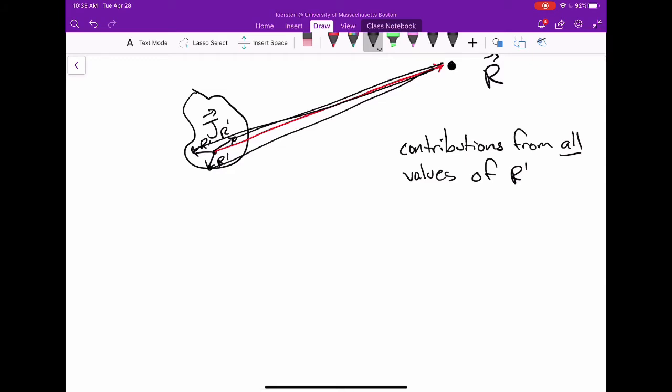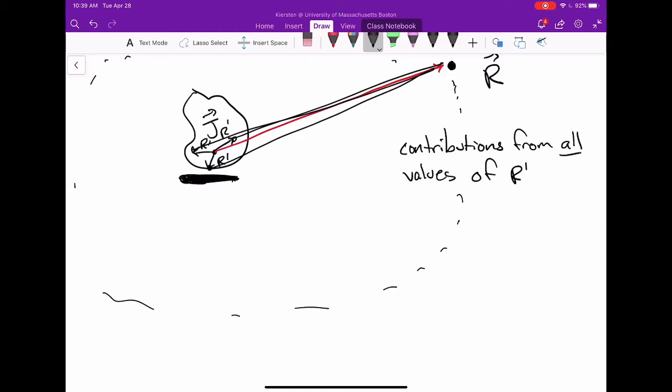So in general, that is the way radiation works. You have many different contributions from many different infinitesimal current elements, all adding up at one observation point. And then we let our observation point range all around the source to get a picture of how this source's radiation looks in the whole world.